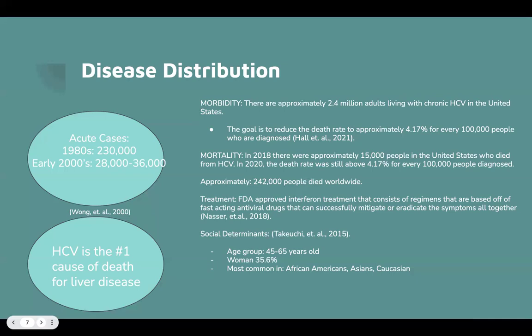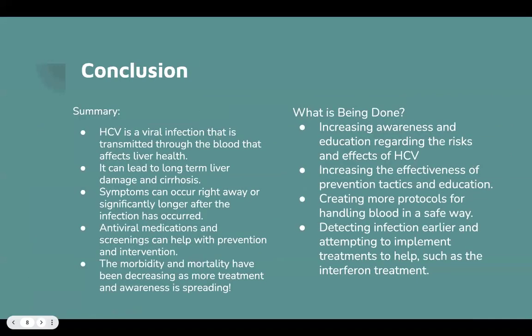And so overall, HCV is a viral infection that is transmitted through blood. It affects liver health and can lead to long-term liver damage and cirrhosis. The symptoms can occur right away, or it can take significantly longer for you to notice that this is what's really affecting your health.